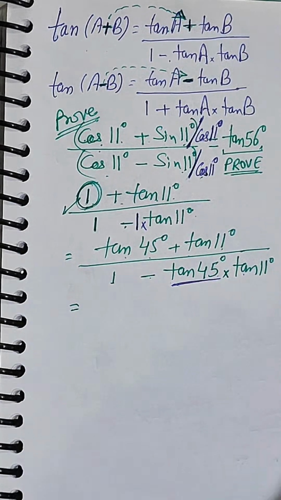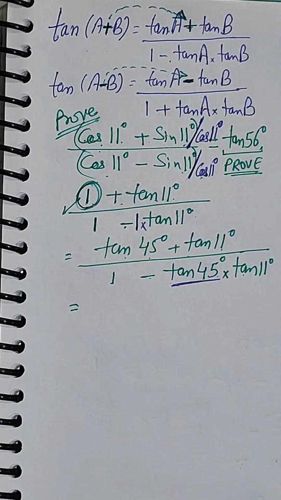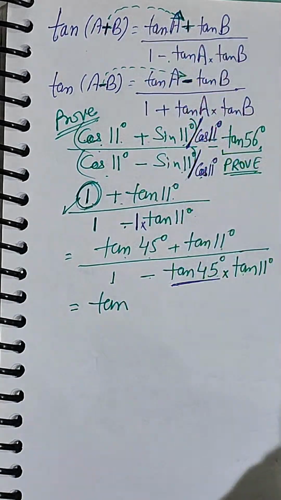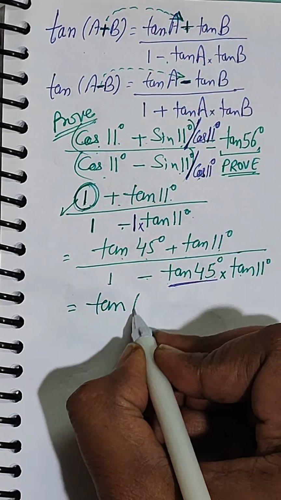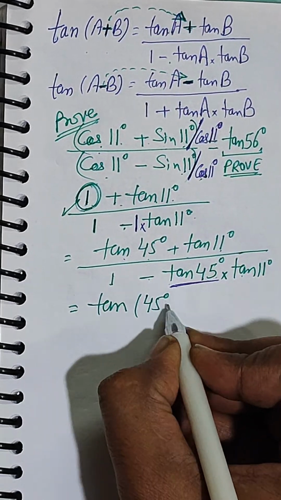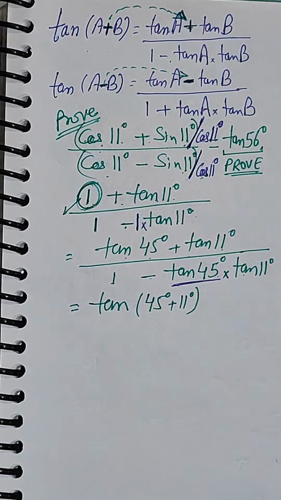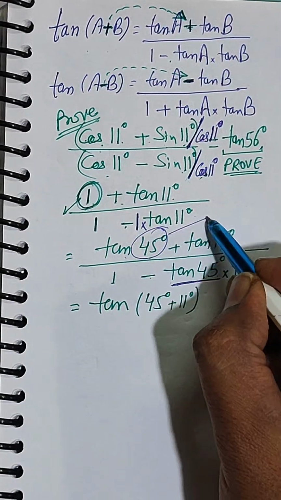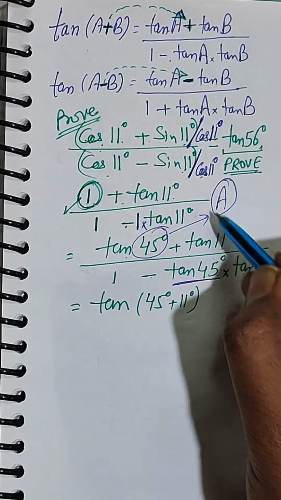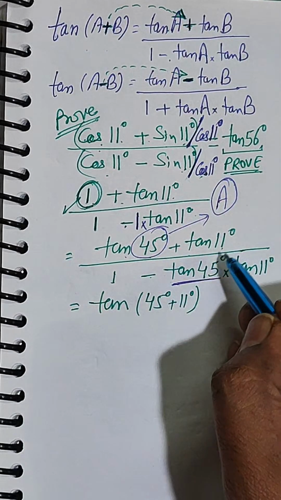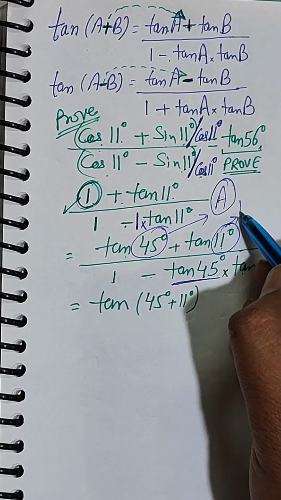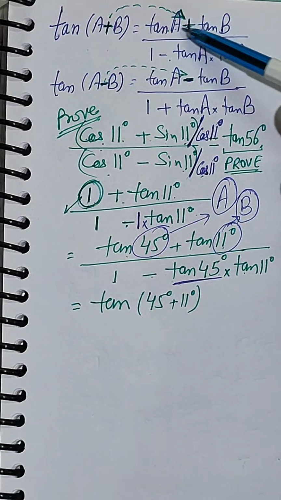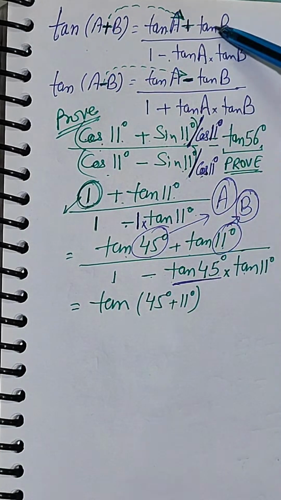So here we can write it as tan of, this is directly applying formula number 1, that is tan A plus B. So we can write tan 45 plus 11. Why 45 plus 11? Because 45 degree over here is nothing but A, right? 11 degree over here is nothing but B, right? From the formula, just compare.